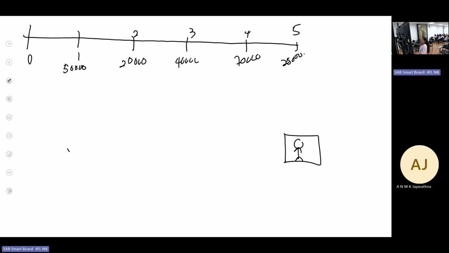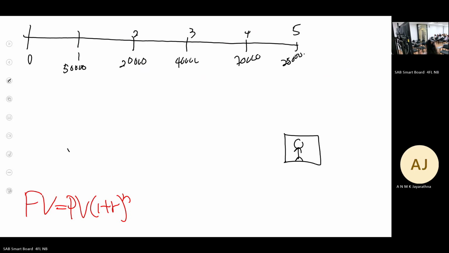Future value formula. Future value equals present value multiplied by 1 plus r to the power n. Now we have to find the balance here.